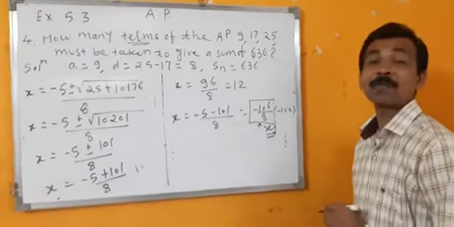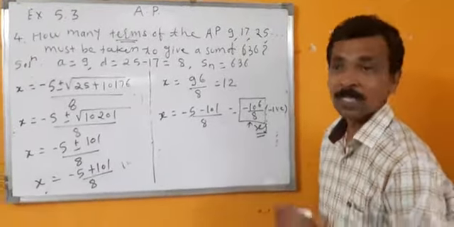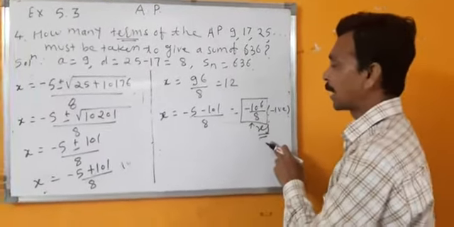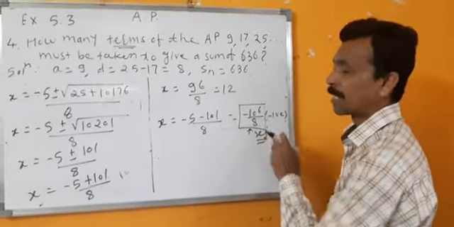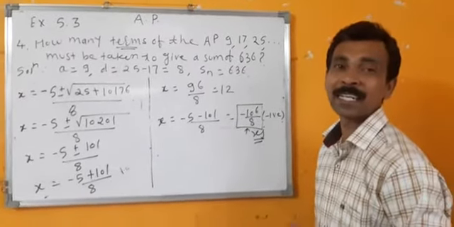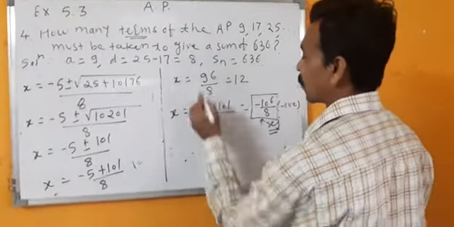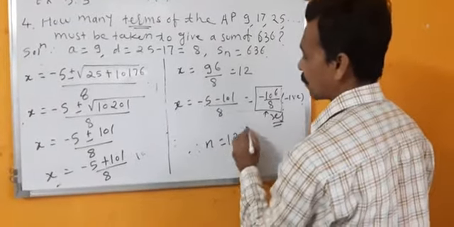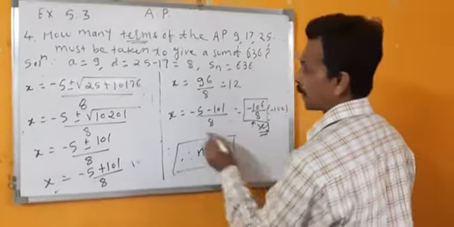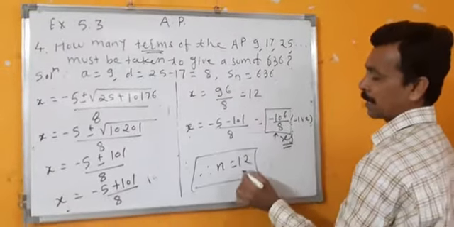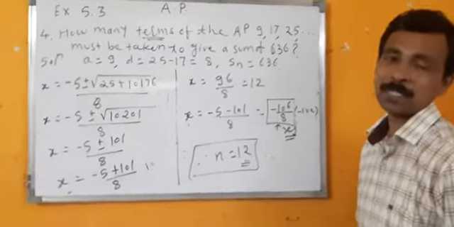Why rejected? Number of terms cannot be negative. You have to write the reason: since number of terms cannot be negative, therefore n is equal to 12. Here x means n, so there are 12 terms.